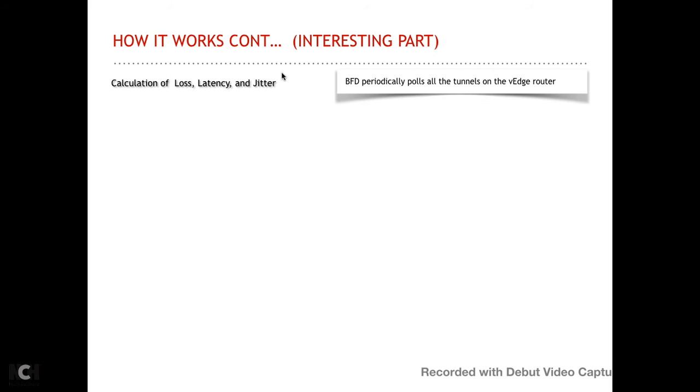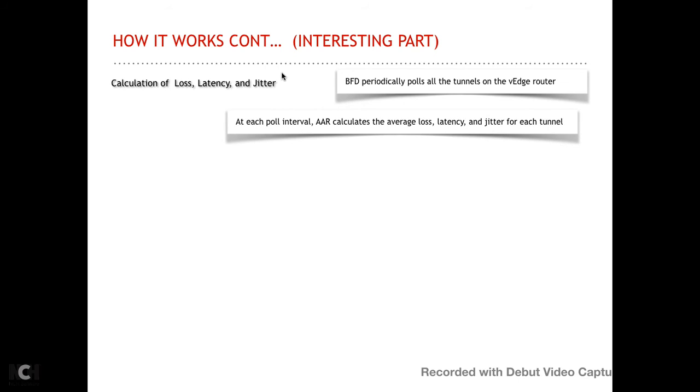As I said, because of its nature of 1 second, it is polling every 1 second between your devices, and the poll interval, what you say, is actually a bucket in Viptela, I mean in Cisco's SD-WAN. So application aware routing calculates the average. Why I'm saying average is because the poll interval, as I said, is a bucket, right? So it's a bucket of 10 minutes.